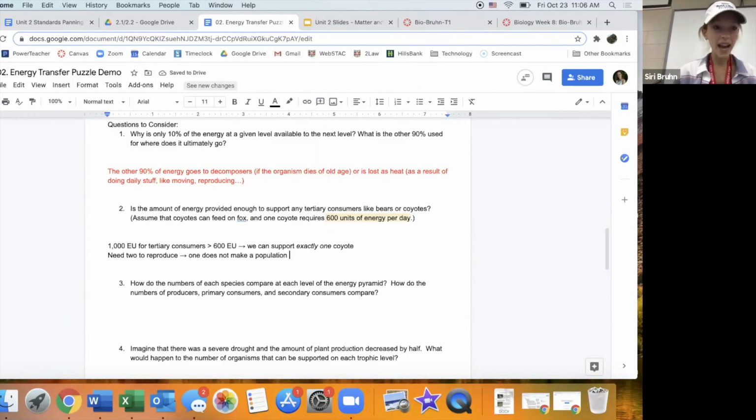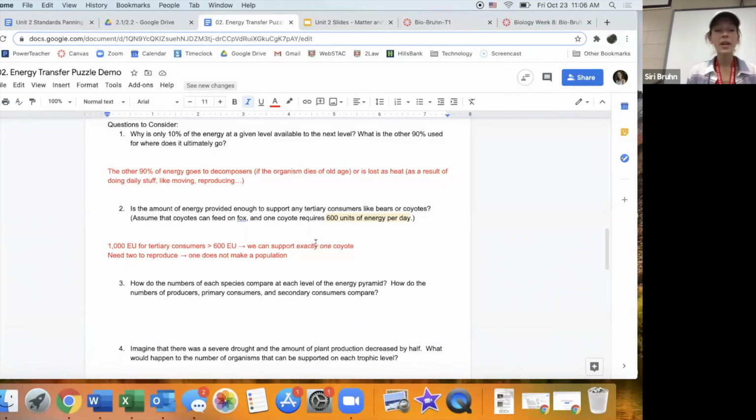And even if we had 2, it would be very optimistic to hope that my coyote population is going to last very long. So in this ecosystem, a lot of people told me that yep, there's enough. 1,000's more than 600, and you're right that 1,000's more than 600.